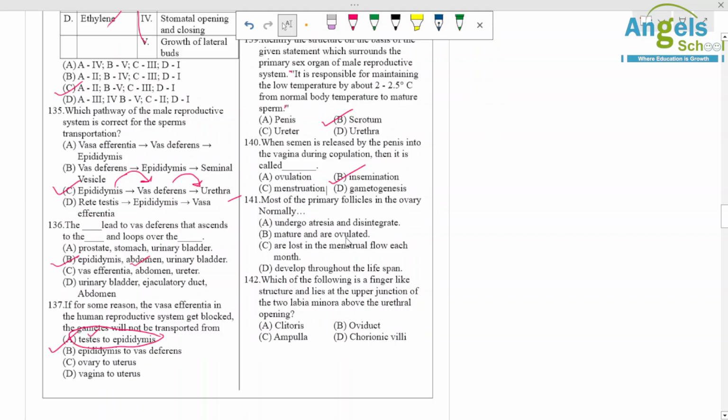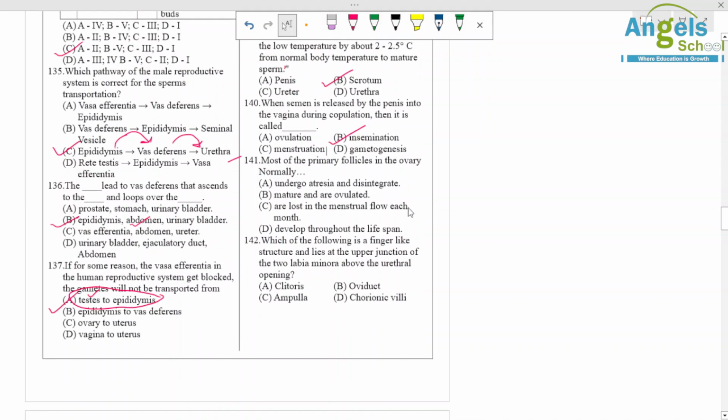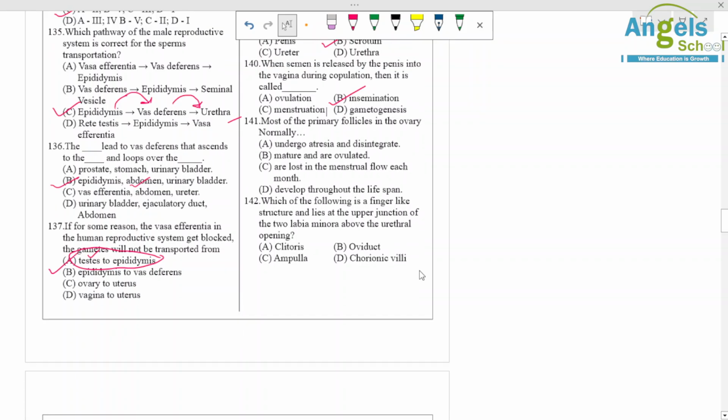Most of the primary follicles in the ovary normally undergo atresia and disintegrate, mature and are ovulated, are lost in menstrual flow each month, develop throughout the lifespan.